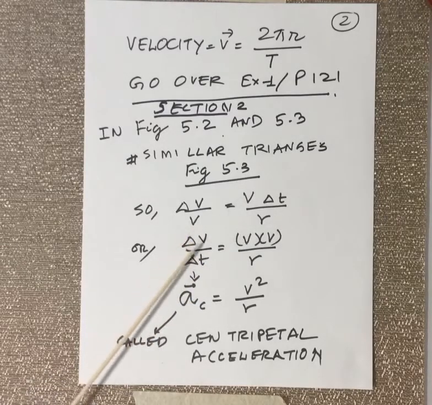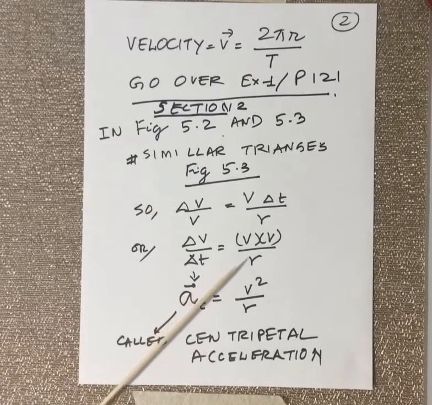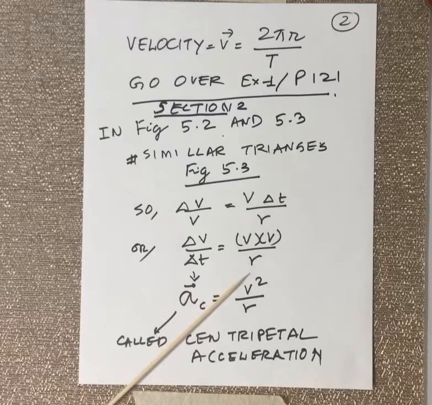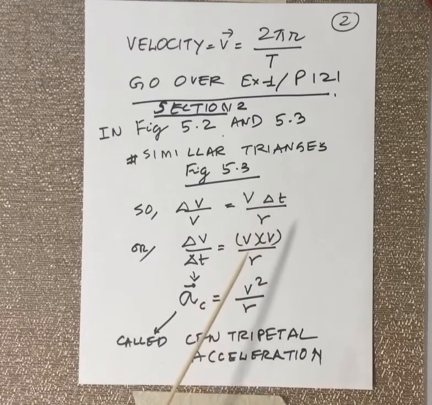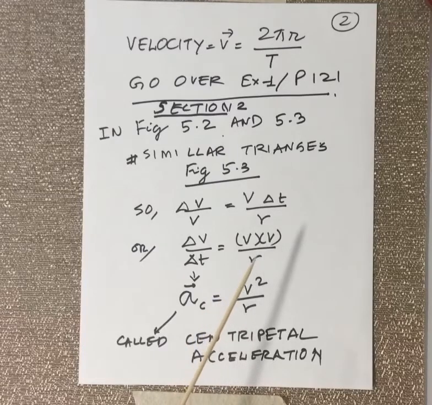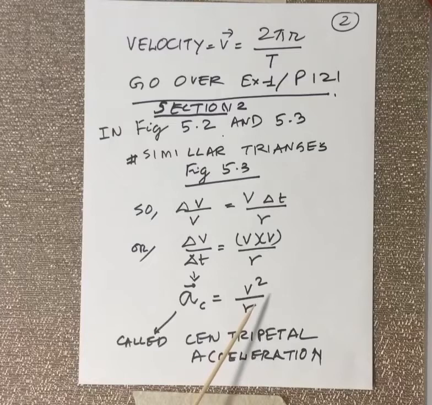So delta V, we divide that by delta T, and we have v times v over R, because this is your delta V over delta T. Finally we get delta V over delta T equals acceleration, change in velocity with respect to time, which is equal to v times v over R, which is v squared over R, and this acceleration is called centripetal acceleration.